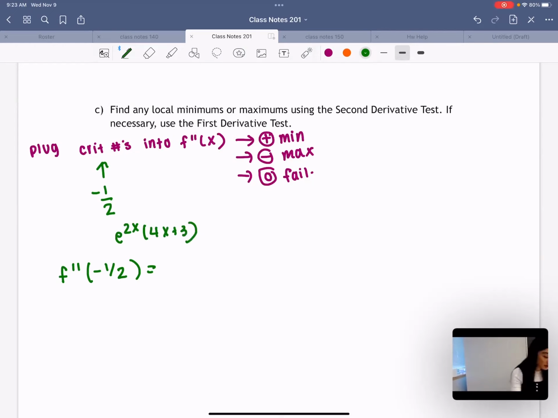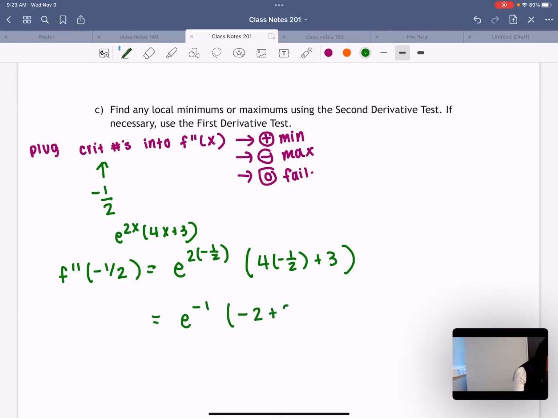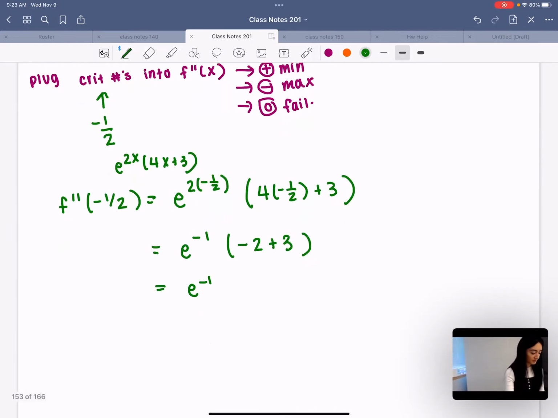So plugging it in gives me e to the 2 times -1/2 times 4 times -1/2 plus 3. Okay, simplifying this, we get e to the -1 times -2 plus 3, and that is 1 times e to the -1. Is that right? Yeah. All right.